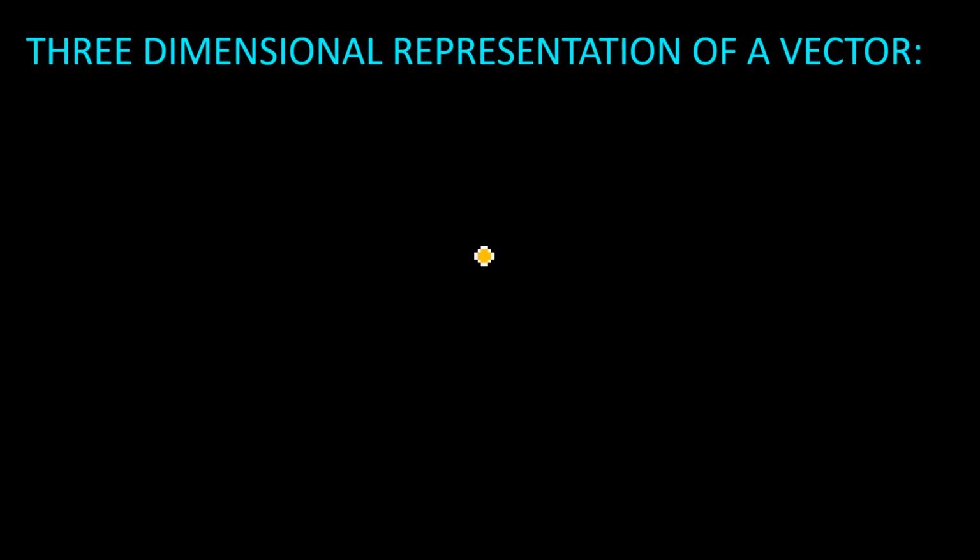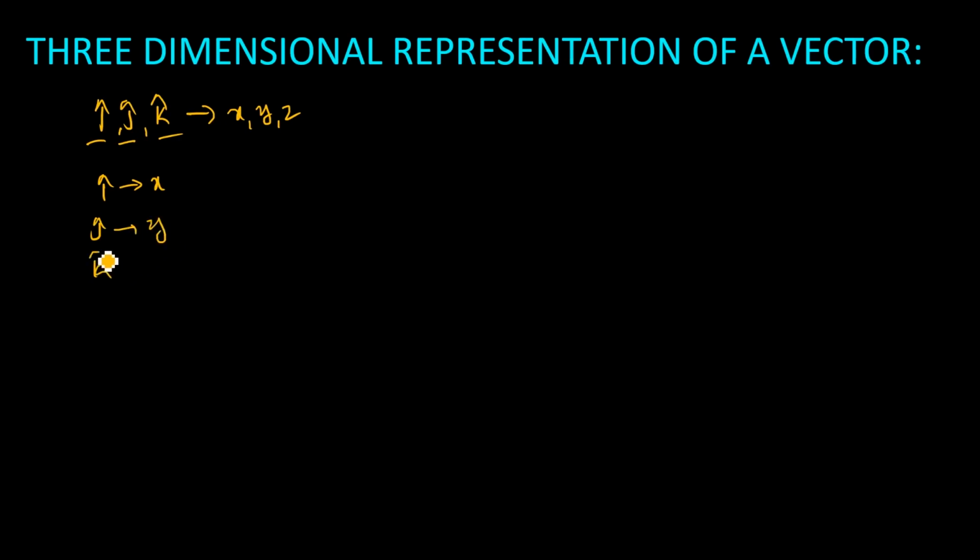Yes. So now we will look into that. I already said i cap, j cap and k cap, and the z axis, so that's why x comma y comma z. So i cap is related to the x axis, j cap to the y axis and k cap to the z axis.